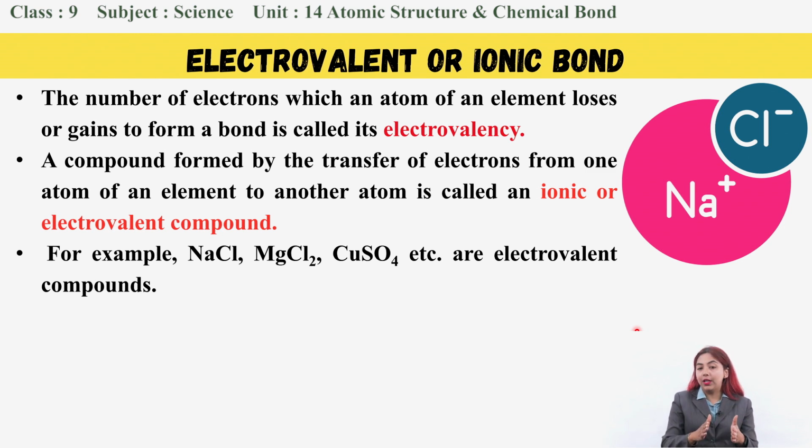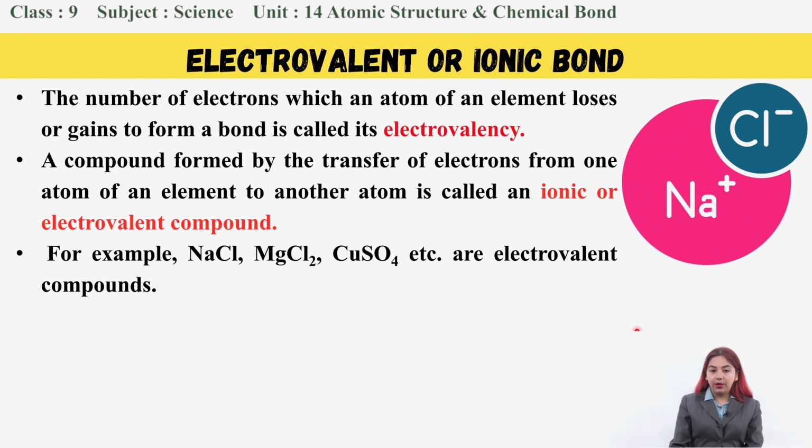And the compound that is formed by the transfer of electrons from one atom of an element to another atom is known as ionic compound or electrovalent compound. So the compound that possesses electrovalent bond or ionic bond between them is the ionic compound or electrovalent compound.